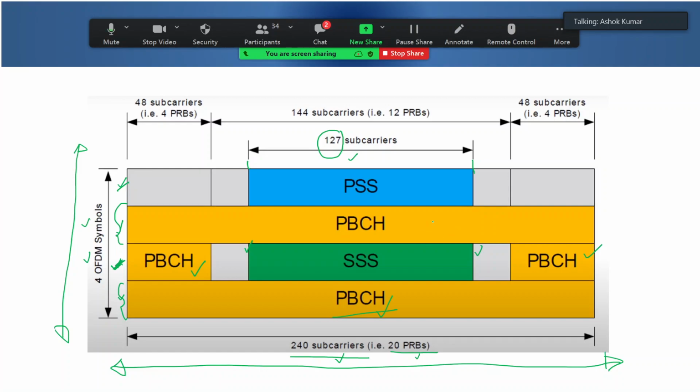The rest of the subcarriers in these symbols, like the gray ones which you see, are kept blank in the design. So this is how many subcarriers and how many OFDM symbols will be required for the synchronization signal block.